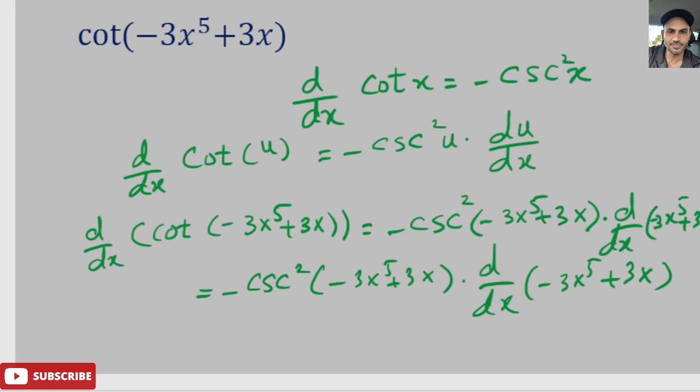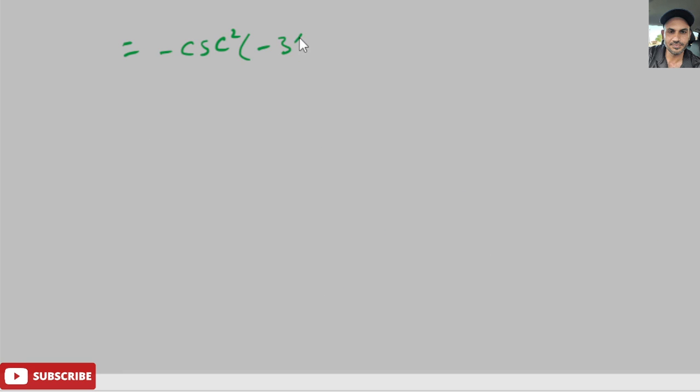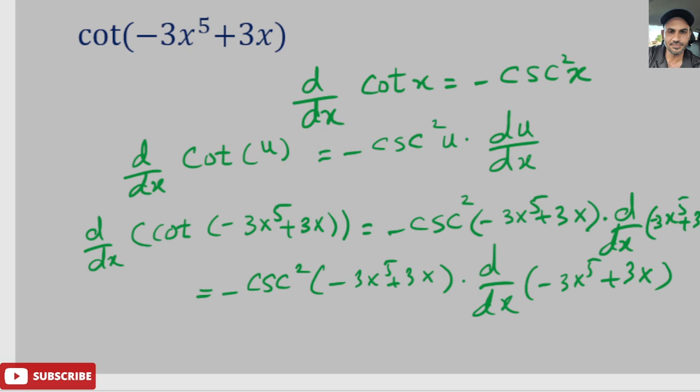Okay, so here I'm going to take the derivative again of this portion right here. So we get negative cosecant square of negative 3x to the 5 plus 3x times the derivative of negative 3x to the 5, which is going to be negative 15x to the 4, and the derivative of 3x is going to be just 3.